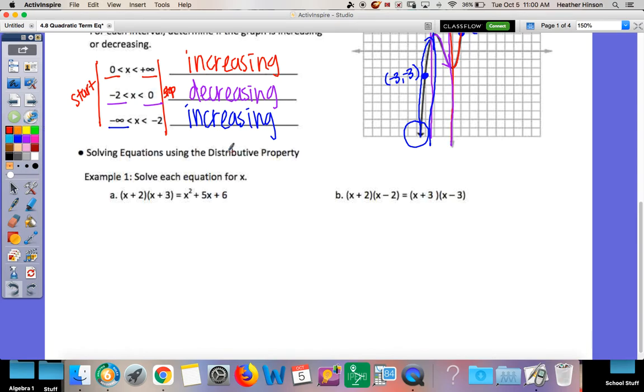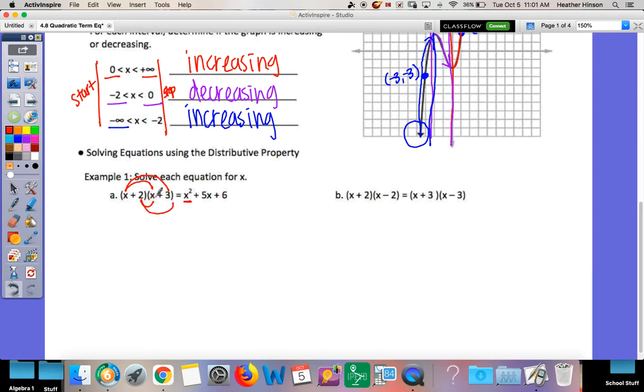This is the new part. If we want to solve each equation for x, but we have x squared terms, or we have these double FOILing parentheses, all we're going to do is FOIL this out like normal.